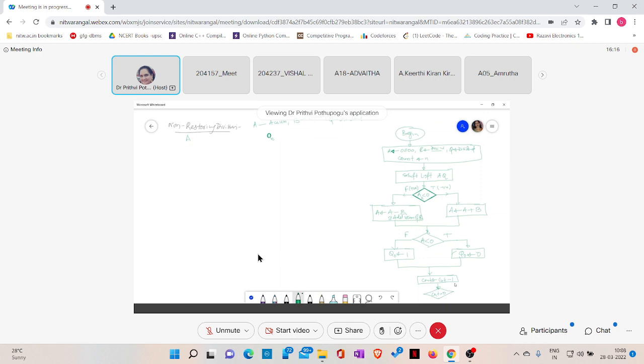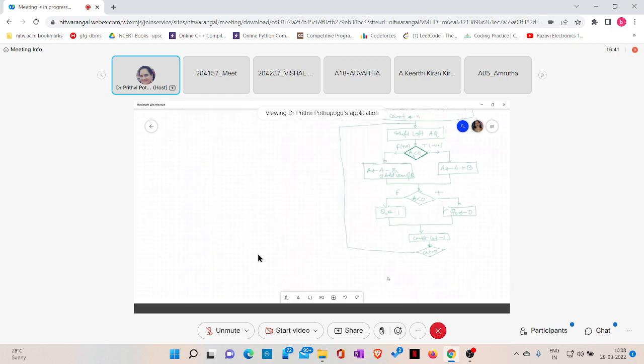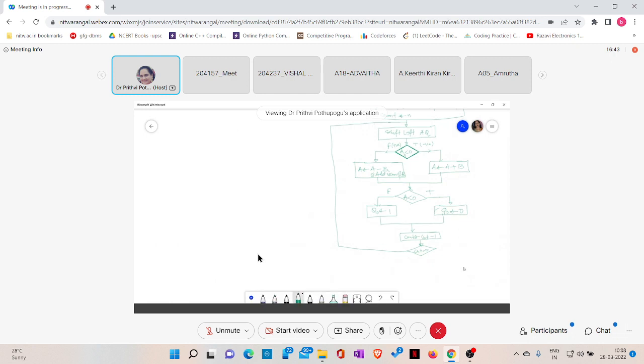Then check whether count is 0 or not. Once you decrement, if the count is not 0, you repeat this iteration until you complete n number of iterations. If your count is complete, that means the n number of iterations are over.